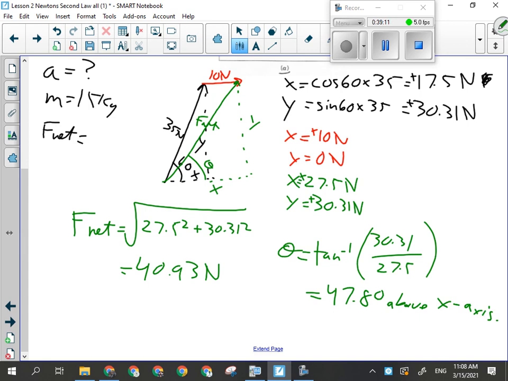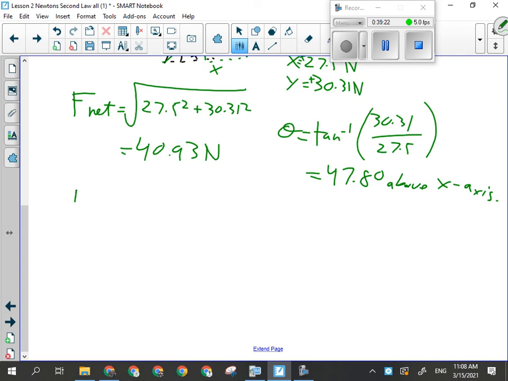All right, I'm not done yet though. All I calculated was the net force. What did they want? They wanted the acceleration. So now I take this information here and I plug it into this. F net equals m times a. So acceleration will equal 40.93, my F net, divided by the mass, which was 15 kilograms.